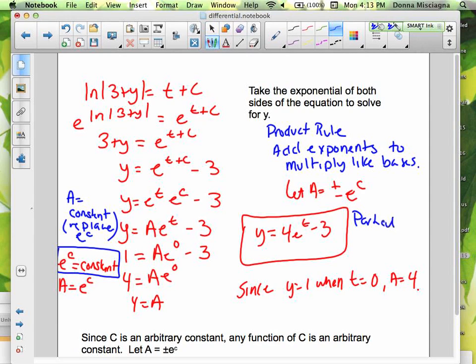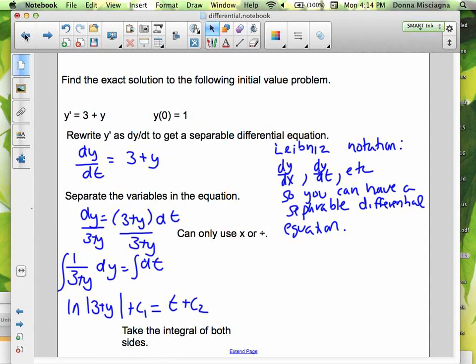So now this is my particular solution. This is the particular solution that has dy/dt equals 3 plus y as its differential equation.